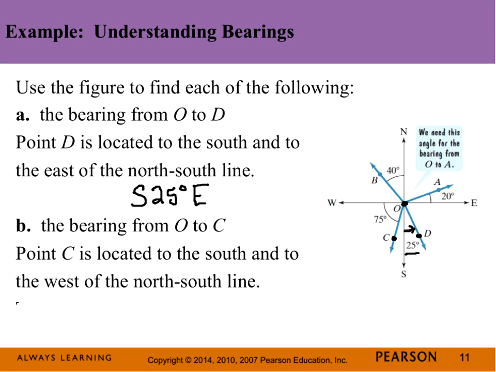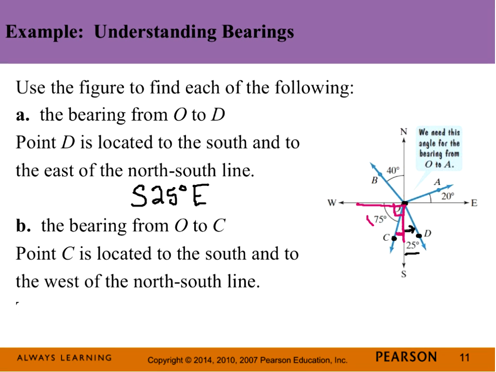So this next one is OC. Now, if you notice, we don't have the measurement that we need right in there because it's always got to be measured from the north-south line. Maisha, I see you're typing something, so I'll keep an eye out to see what you have to say. What we do know is that from west to south is a 90-degree angle. That's the third quadrant there.